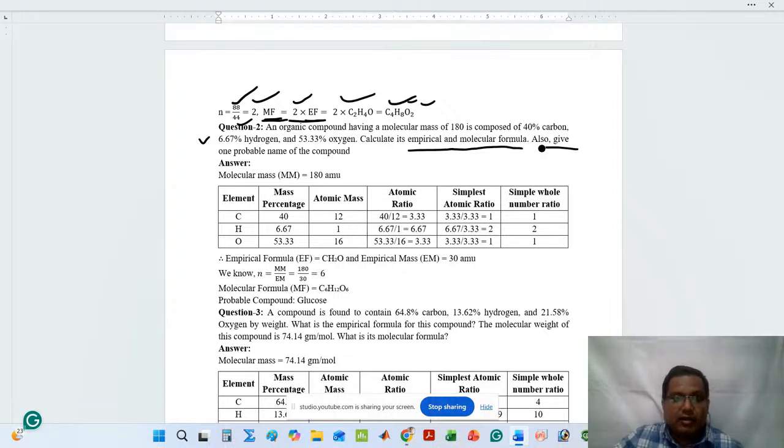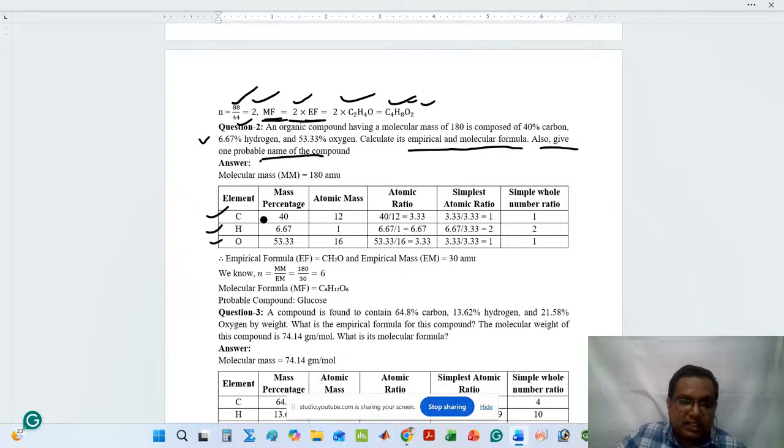Also give a probable name of the compound. As per the procedure, first step is write the data, that is name of element and mass percentage. As per the question, I can write here three elements. One is carbon, another is hydrogen, another is oxygen.